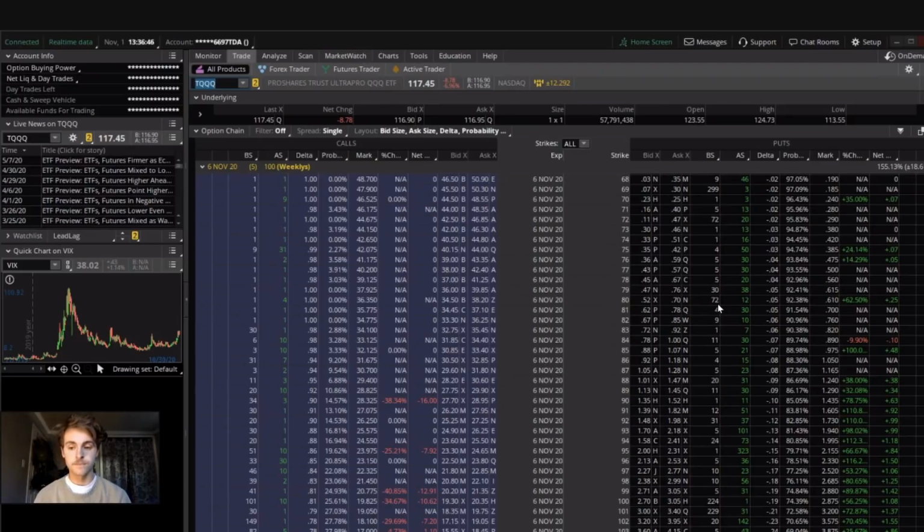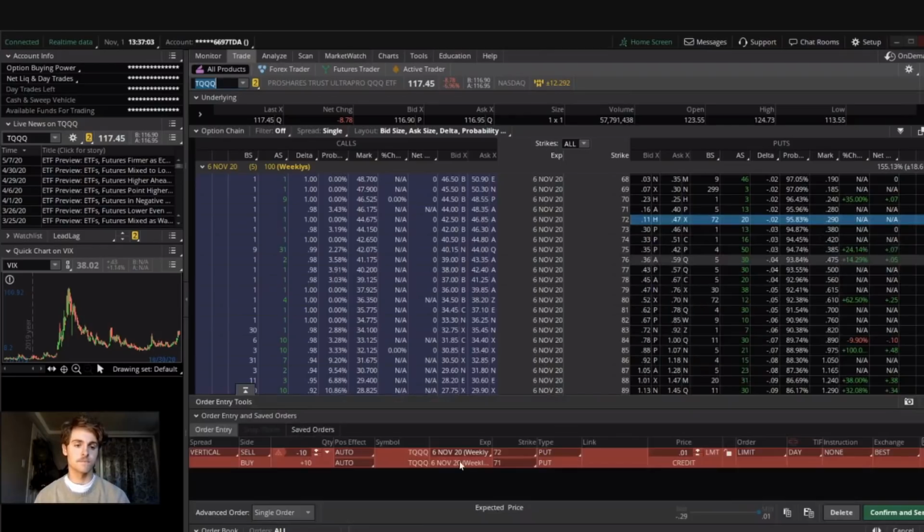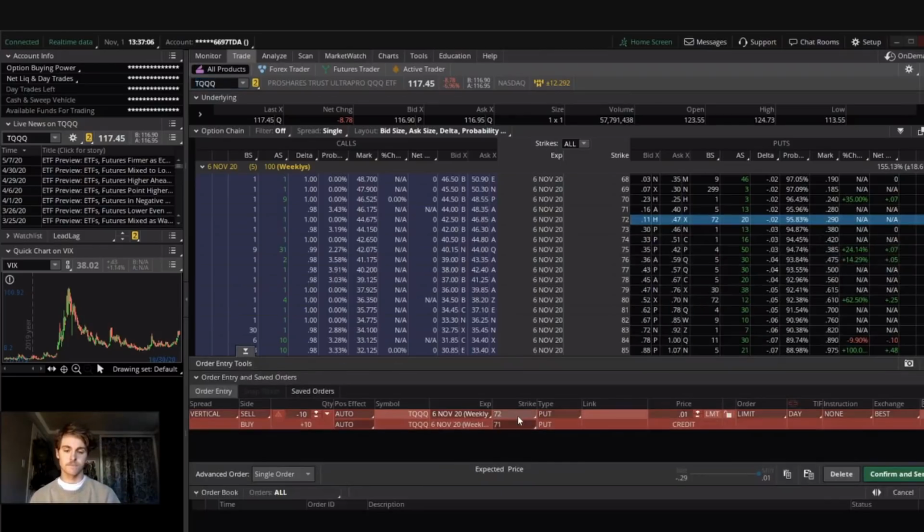In our case, bump it down to like a 1.75 standard deviation, about 95% probability out of the money. If you were to do that on the TQQ, we'll show this real quick, and we'll minimize their collateral. So right now, like a 72 to a 71.